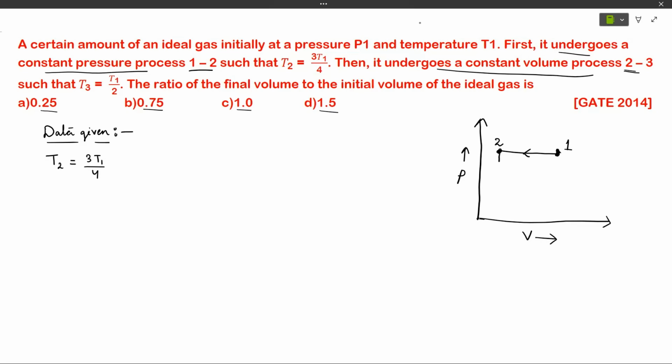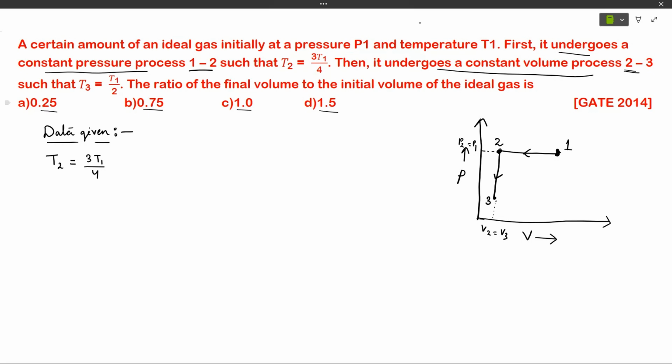So here we consider constant volume process, that is 2 to 3. So as this is a constant volume process, we can say that V2 equal to V3. Similarly, as process 1 to 2 is a constant pressure process, P2 is equal to P1. So just consider this for the information.